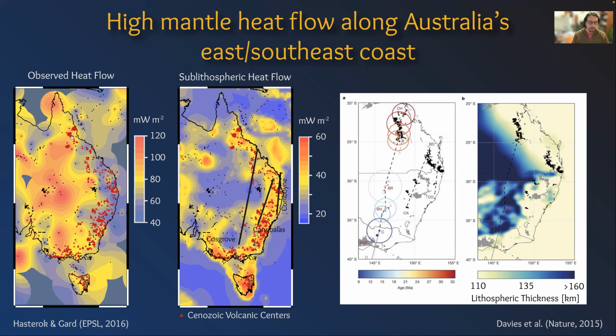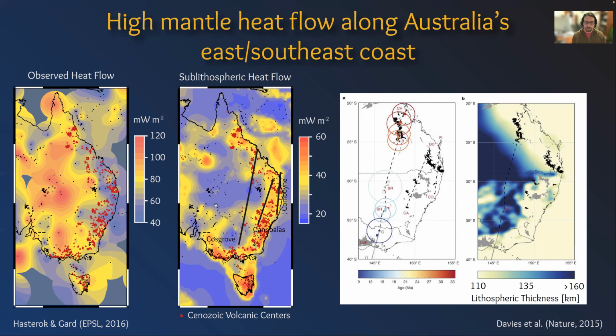And you'll notice that the Cenozoic volcanic centers do not really correspond at all to any specific or obvious heat flow anomaly. And that's because the radiogenic contribution is so high in Australia. In fact, it's far greater than the global average, perhaps about 3 times as high. And as a result, we just cannot see through that anomaly and see the volcanic anomaly.